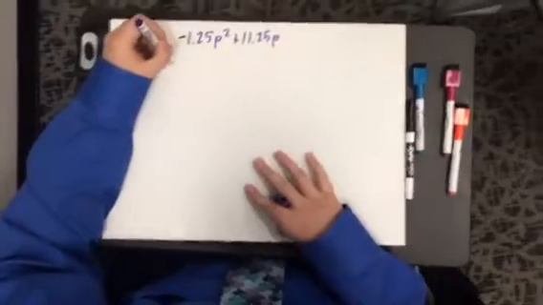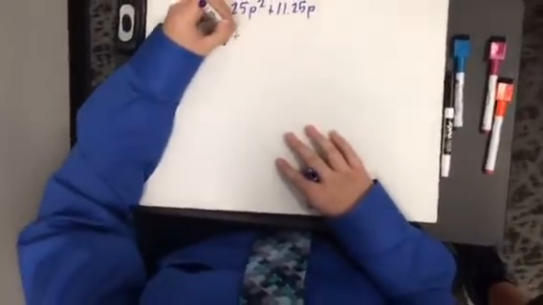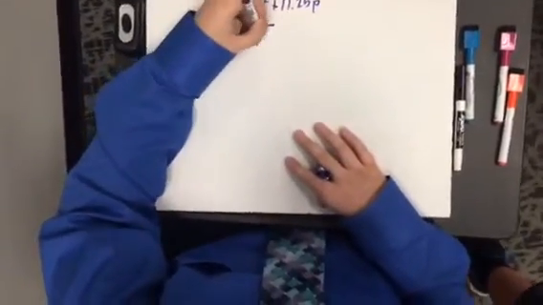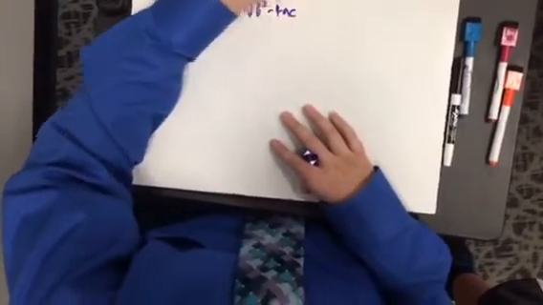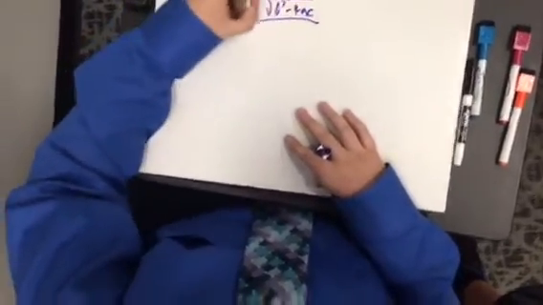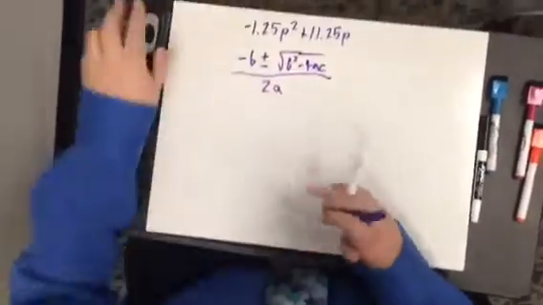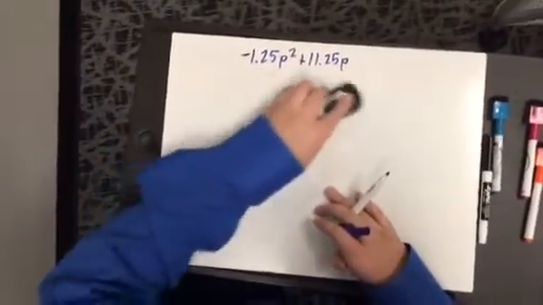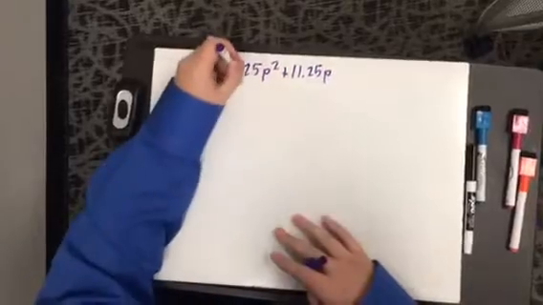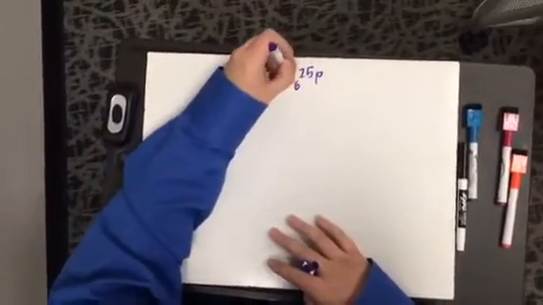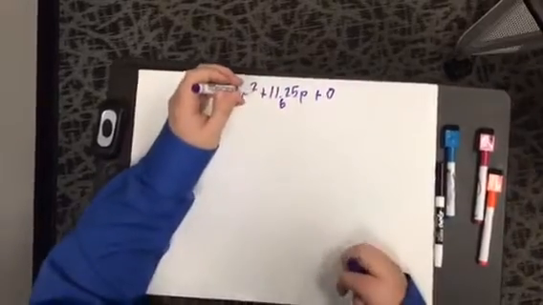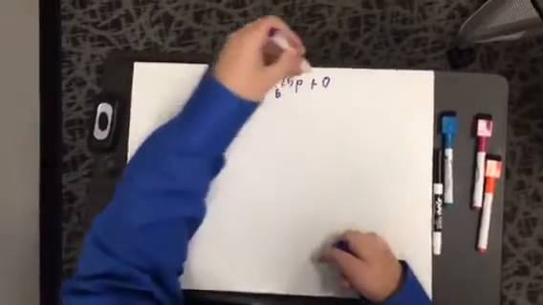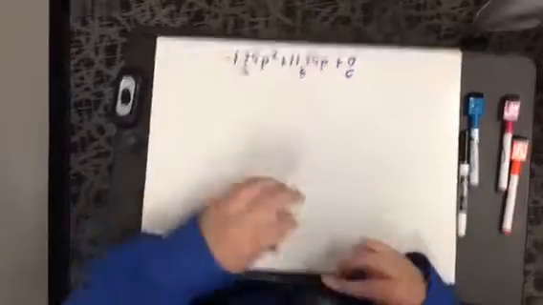So, you remember that the quadratic formula is negative b plus or minus the square root of b squared minus 4ac all over 2a. So, in this case, we'll substitute all the values where this is a, this is b, and c would be the value that is not multiplied by a variable. In this case is 0. So that would be c.